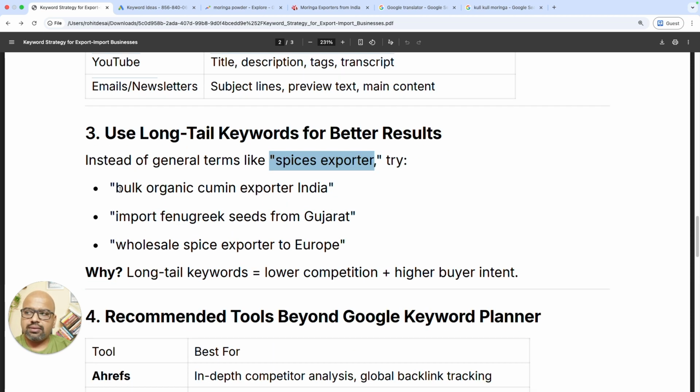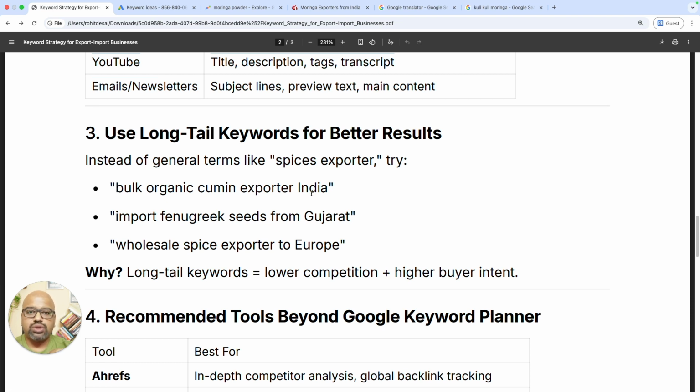But when I target keywords, especially for CPC, cost per click, I look at which will better define my business. I want bulk orders. I am dealing in organic cumin, and I am an exporter from India. If someone is searching for bulk organic cumin exporter India, it means that person is looking for a bulk organic cumin exporter from an Indian location.